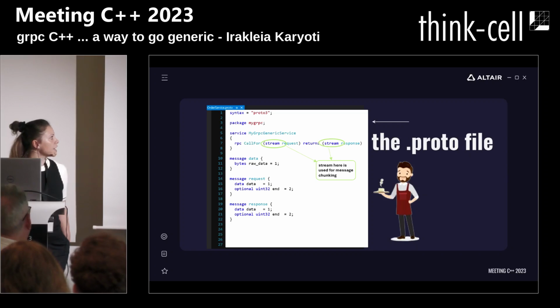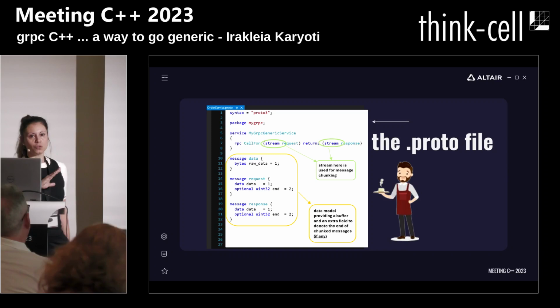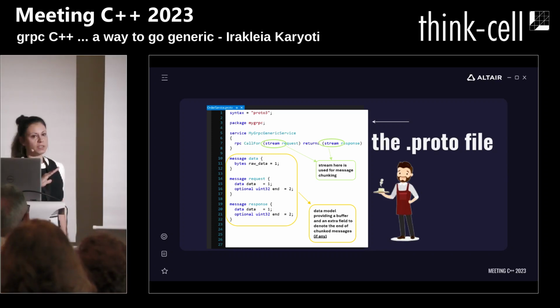For the message types, we use a protobuf type of bytes for raw data. We can add some optional fields to denote the end of the message if we would like to chunk it anyway. So this is why it's optional. And this is like the most generic RPC signature of all.